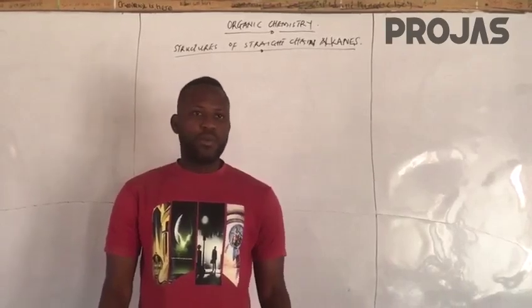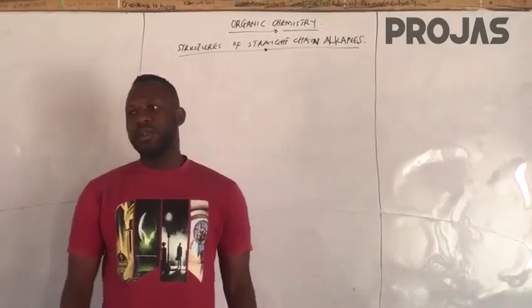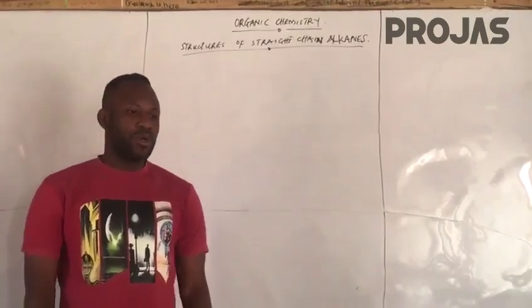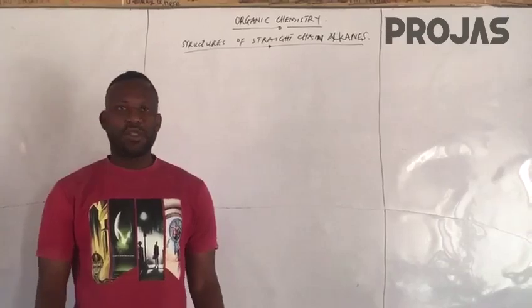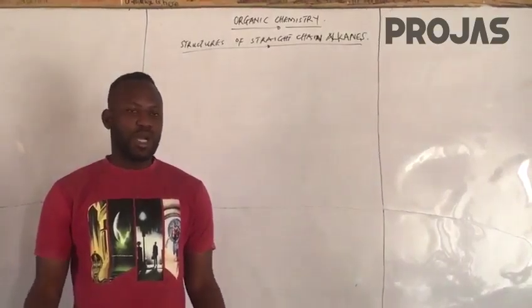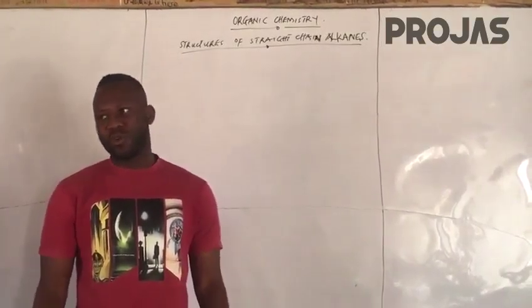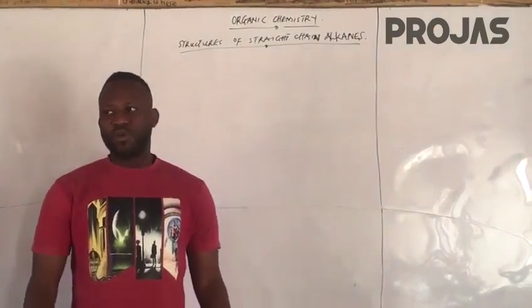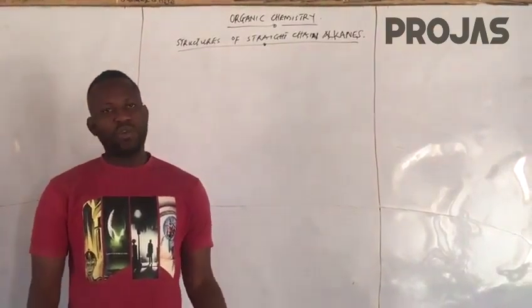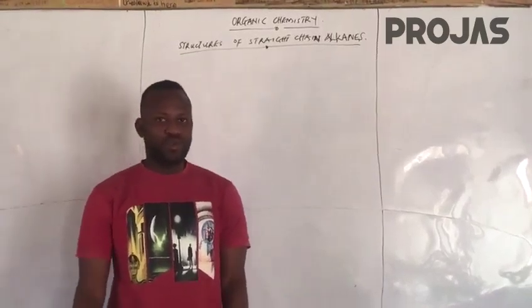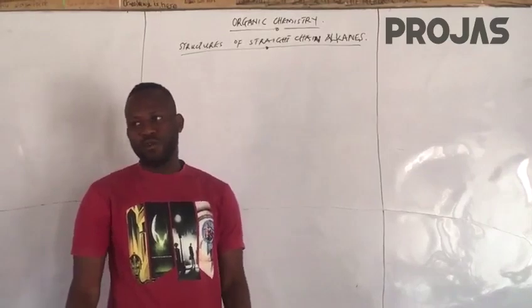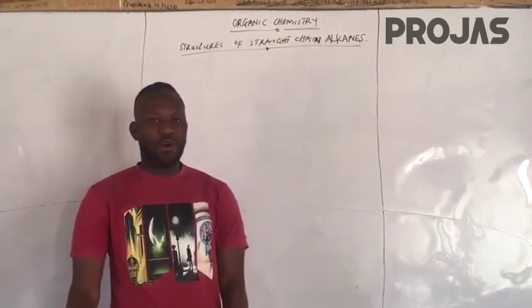It will really help you a lot in our next lecture on how to write all these structures. At times, you may need to represent this structurally. Maybe you draw the structure, you give the structure, or you want to write a chemical equation. Without knowing how to write their structure, it will be very difficult for you. And it will also be difficult for you to understand the practical aspects of chemistry.